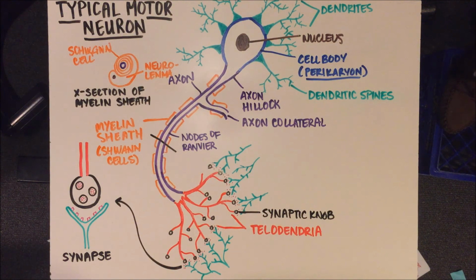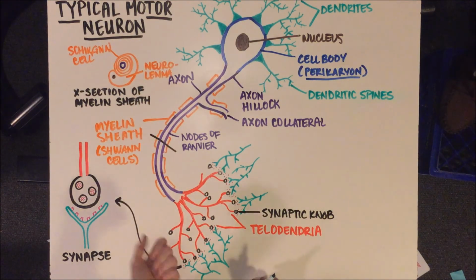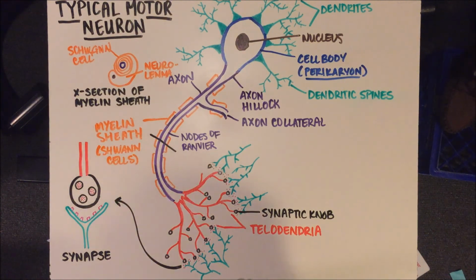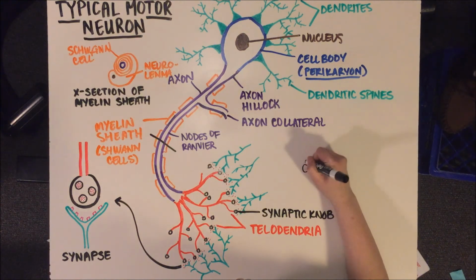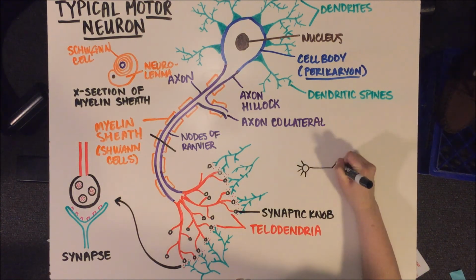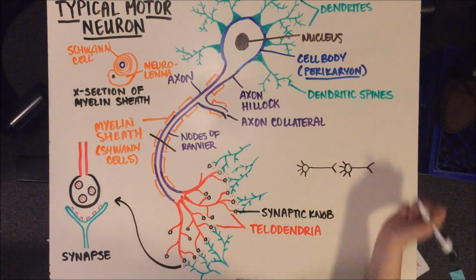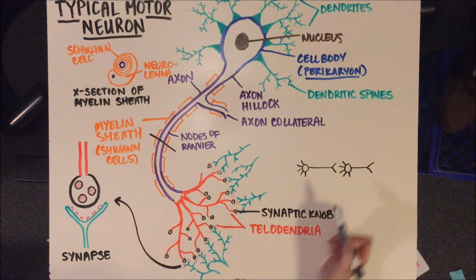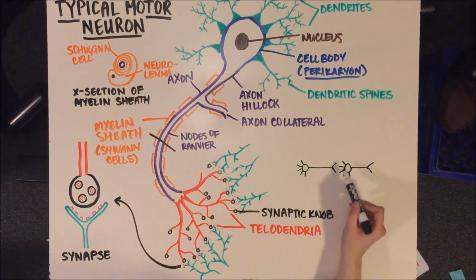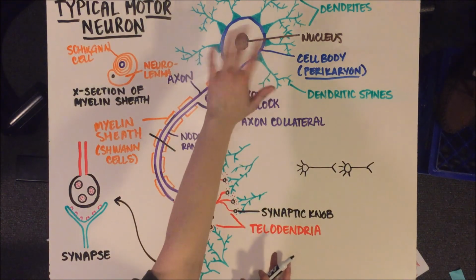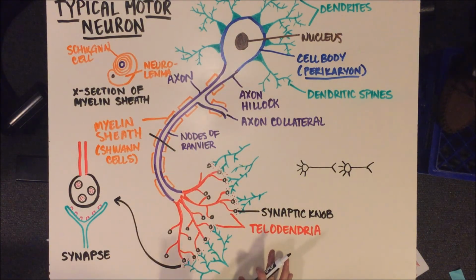So even though the entire neuron is able to be stimulated, it's most likely to occur here at the dendrites based on A, the amount of surface area, but B, the way the neurons are positioned, because you'll almost always see them positioned like this, where one neuron's dendrites are positioned very close to another neuron's telodendria. This is a really simplistic way of showing it, but they're positioned in such a way where the dendrites are going to receive most of this stimuli.